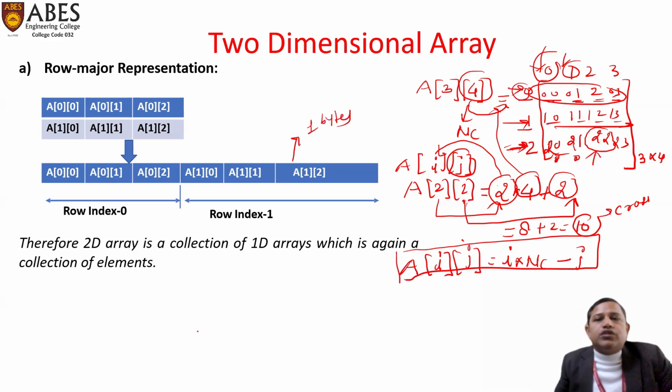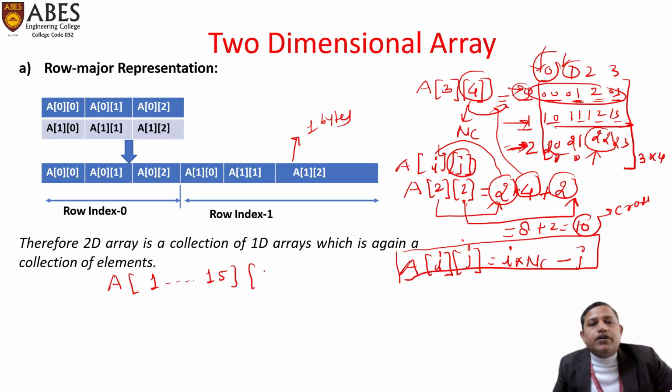In continuation of this, if you find an array represented like 1, 15 and 1, 16, what is the meaning of this?